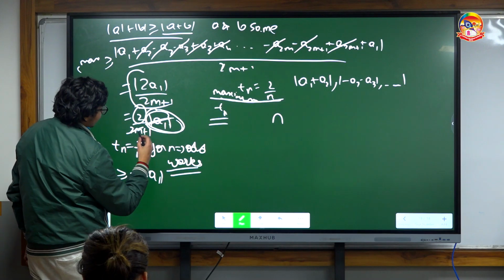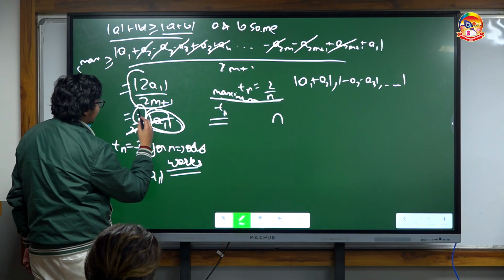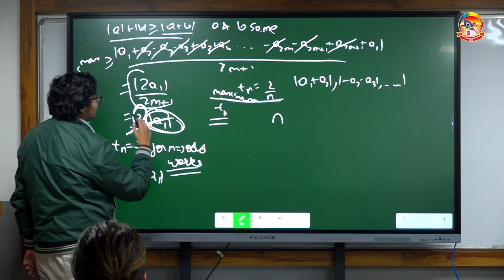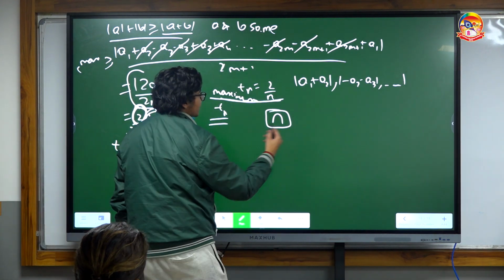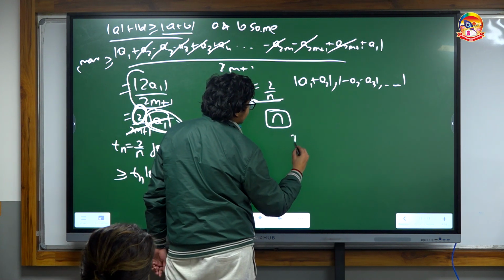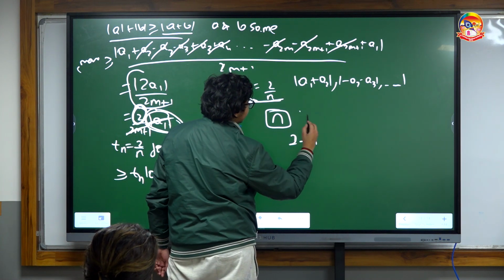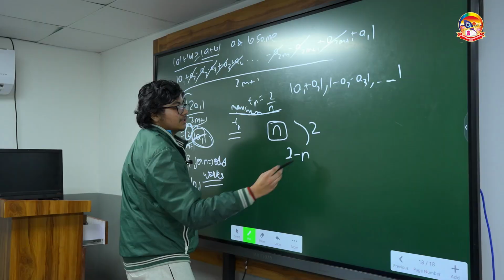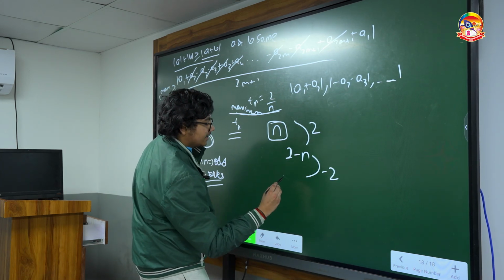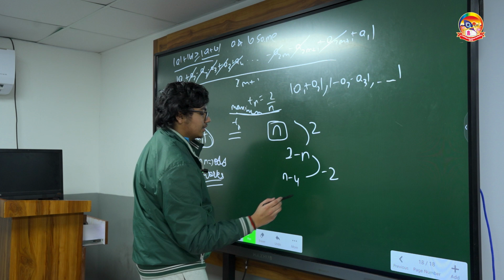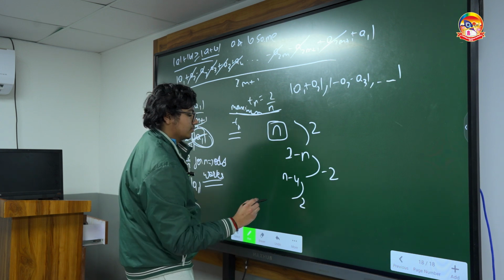So if mod a1 is equal to n, then these cancel out and the differences will be equal to 2. So let us take first term n. Then the second one will be 2 minus n, such that this sum is 2. The next will be such that the sum is minus 2. Then it would be n minus 4 and so on.